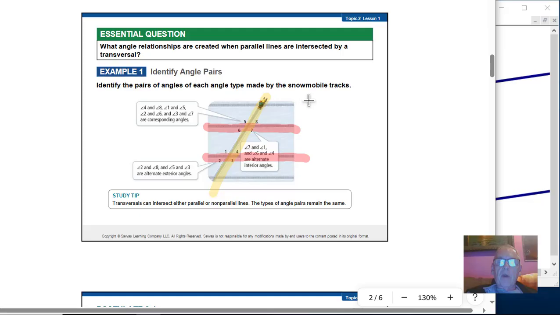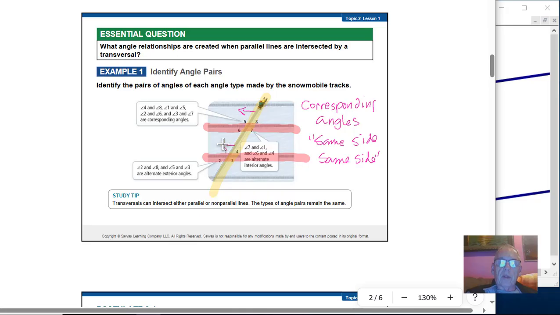We have a type of angle that we're going to call corresponding. And corresponding angles are same side, same side. They're the same side of the transversal line.